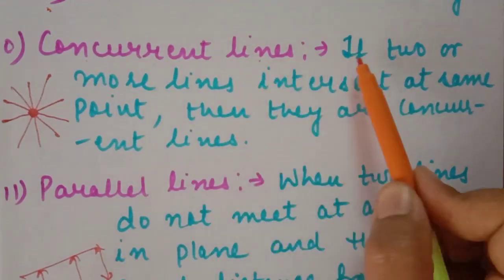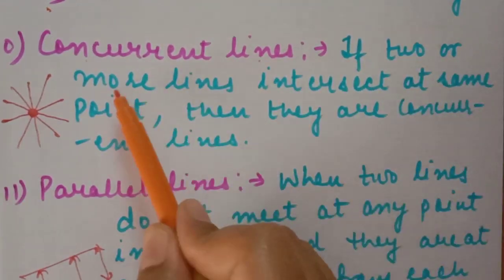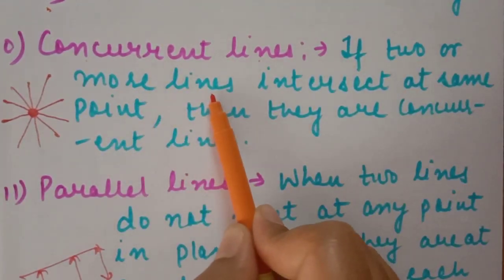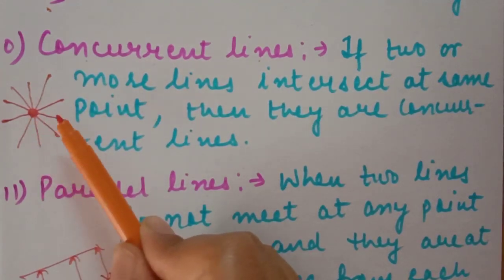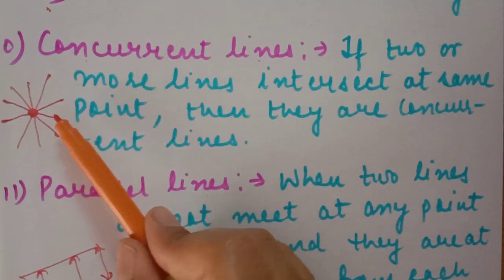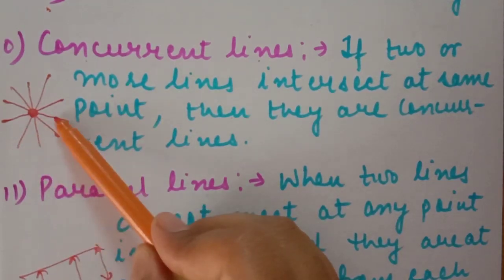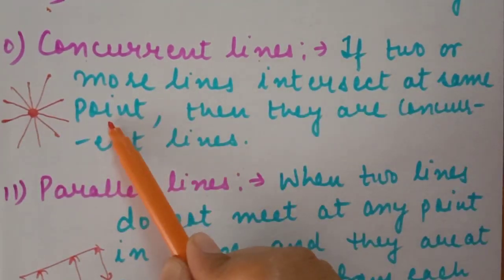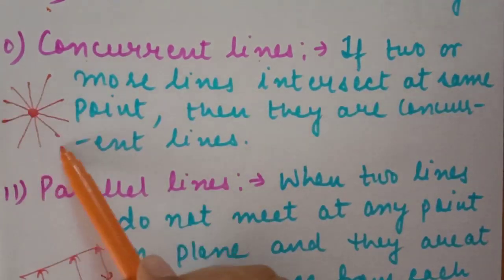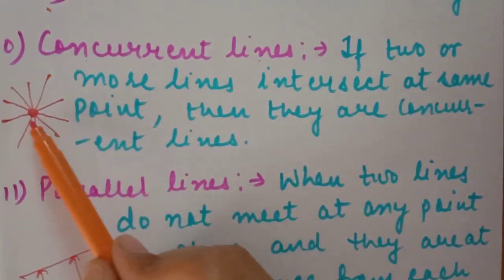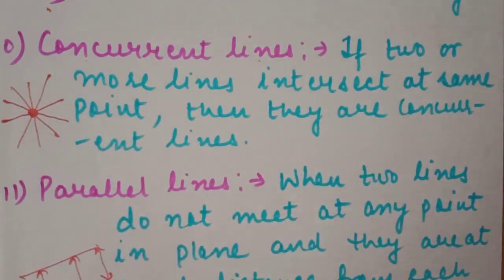In concurrent lines, we have two or more lines, like 3, 4, 5, 6 or more, and if all of them intersect at the same point, we call them concurrent lines. Like this, we have so many lines intersecting at the same point.